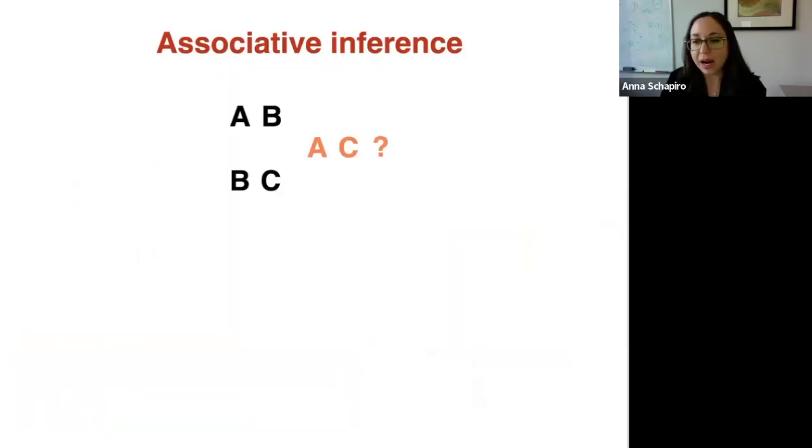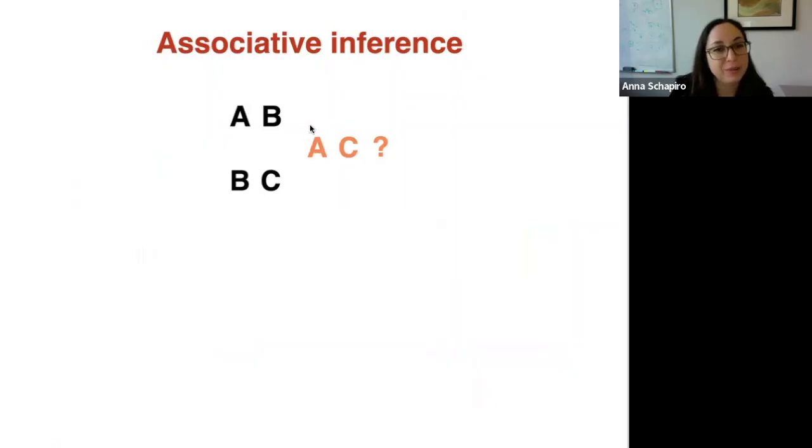All right, so I said that category learning was one kind of task where we thought that the monosynaptic pathway strategy might be useful. I'm going to give you one more example of a kind of task where we think that this pathway might be relevant. And this is associative inference.